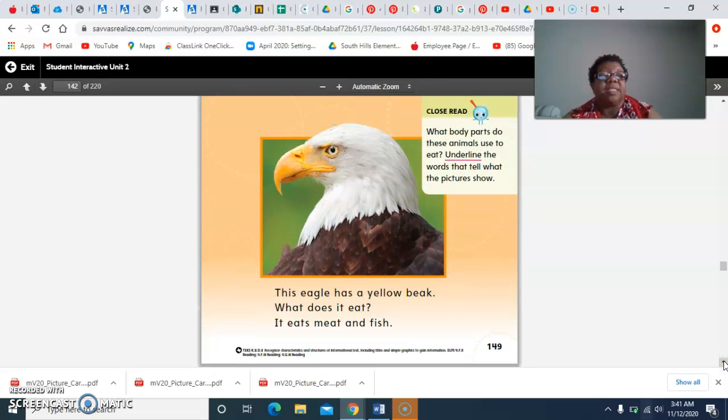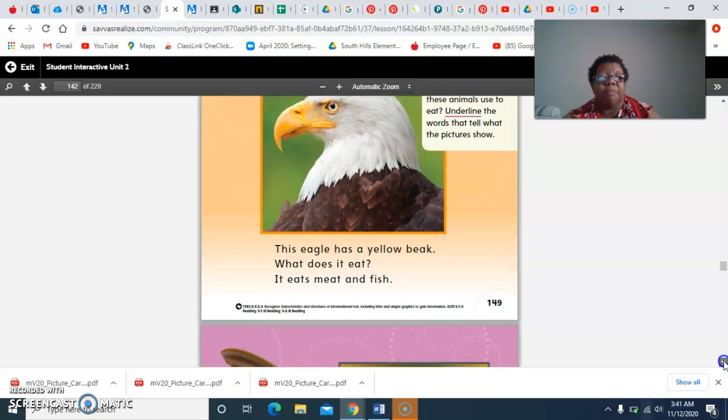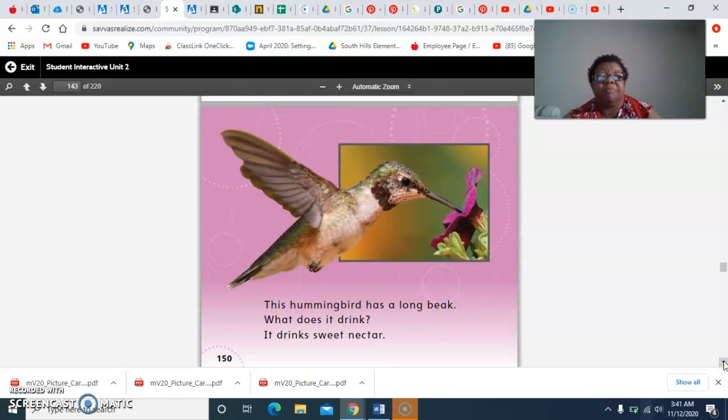This eagle has a yellow beak. What does it eat? It eats meat and fish. This hummingbird has a long beak. What does it drink? It drinks sweet nectar.